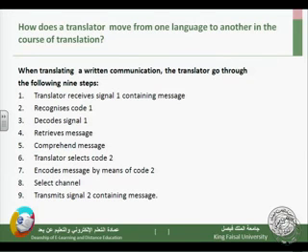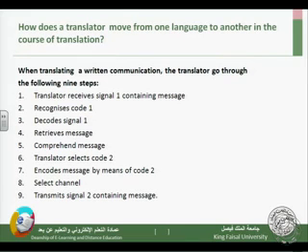Then retrieves message, then comprehend message. Comprehend message means to understand it. The first five steps are done or followed by any normal communicator.